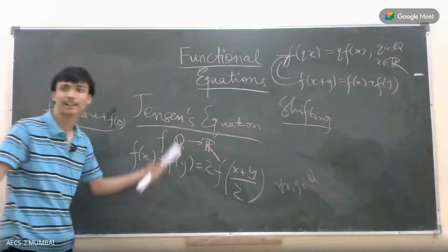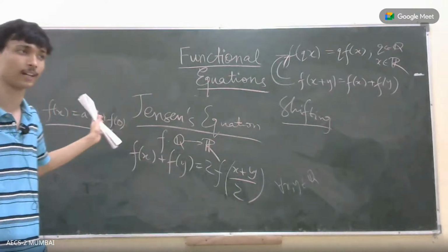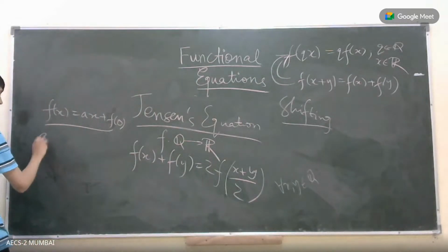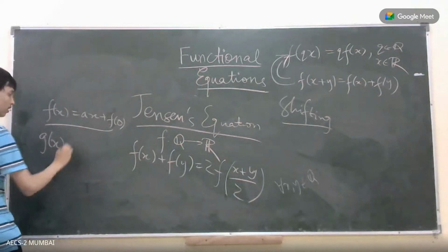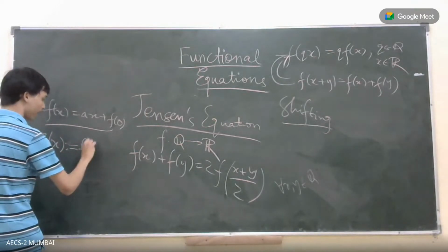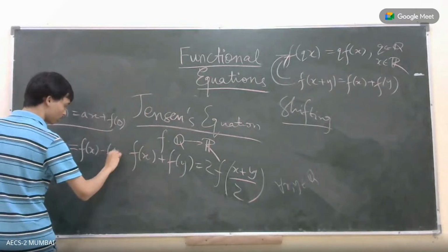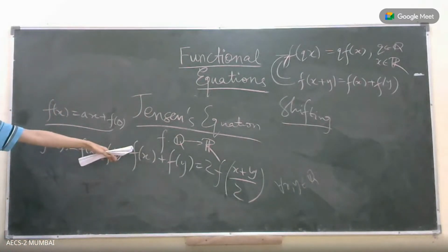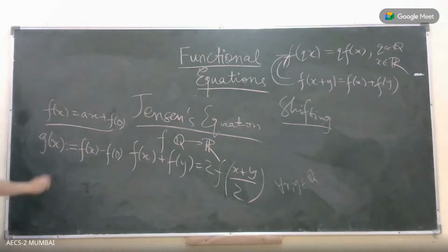You see, carrying a constant around is a bit of a headache, right? What I'll do is create a new function g(x) = f(x) - f(0). I shifted f(x) by f(0). Can you tell me what g(0) is?